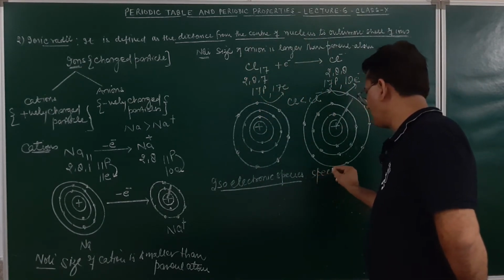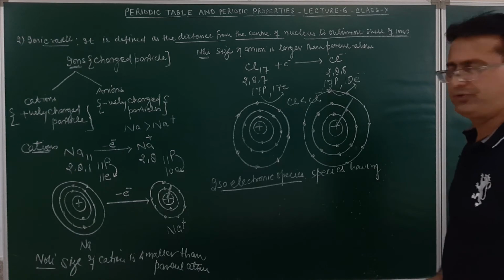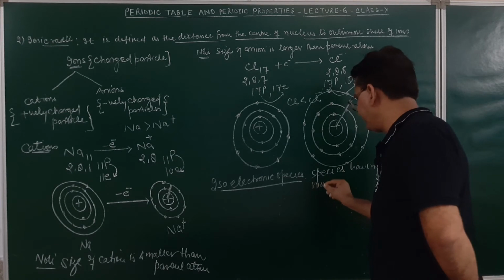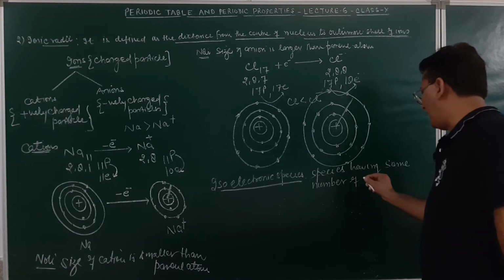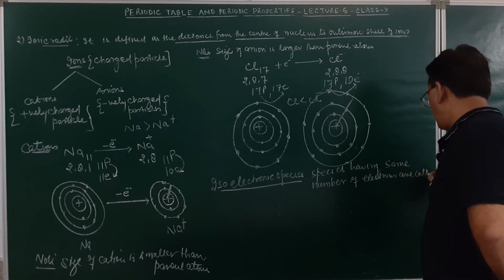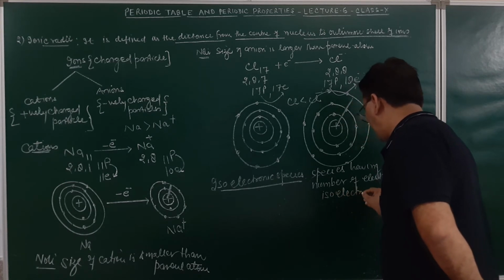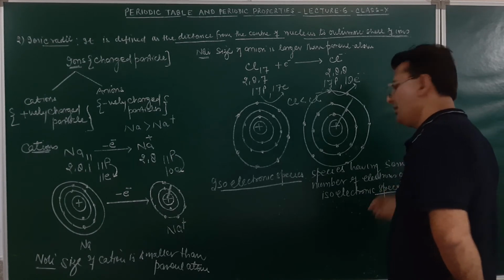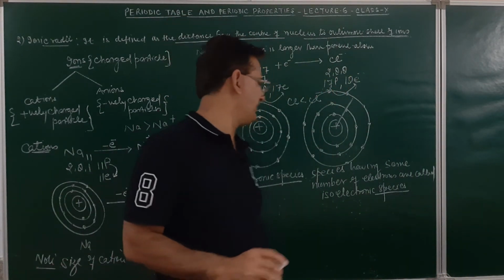Species having same number of electrons are called isoelectronic species. Is it clear? So any species which have the same number of electrons are called as isoelectronic species.